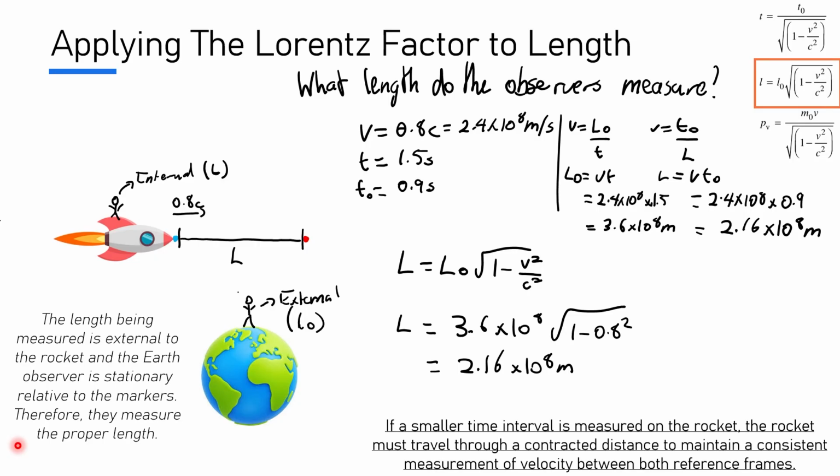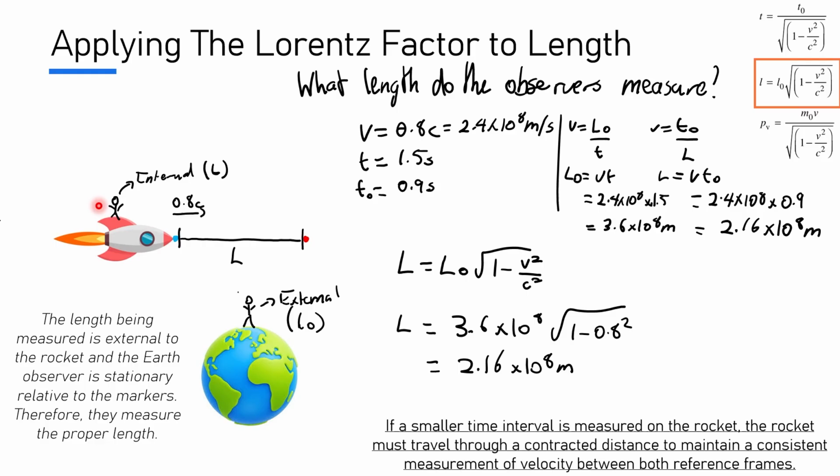So just to wrap up, there are two key concepts that are really important here that explain how this problem is solved. First is that the length being measured here is external to the rocket. Therefore, the Earth observer is stationary relative to the markers. Therefore, they measure the proper length. And therefore, the contracted length is calculated for what the internal observer in the rocket observes.